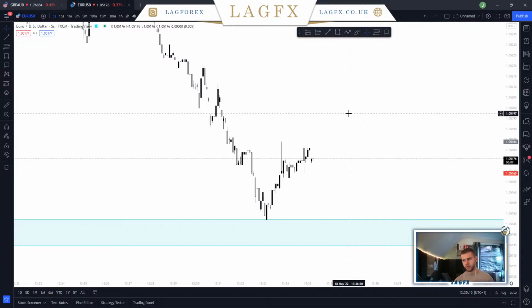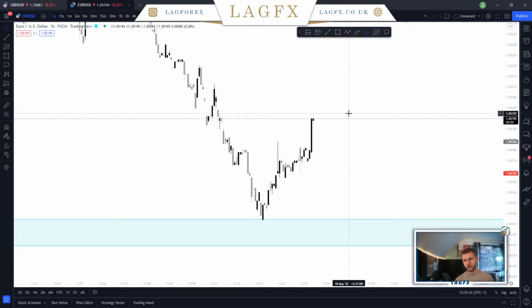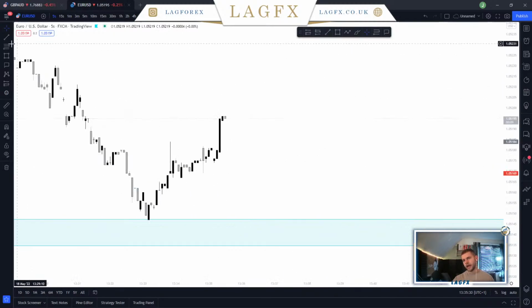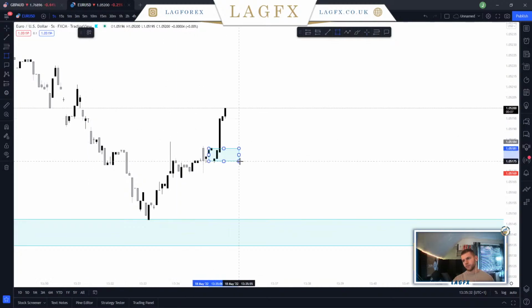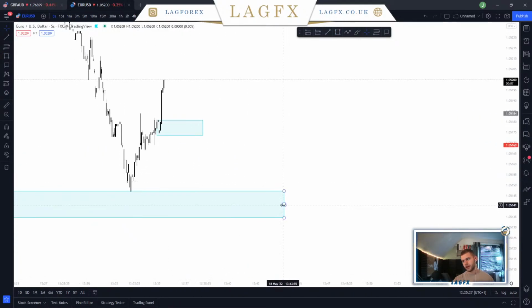Although there is no obvious or major unmitigated demand zone in that region, so we are just going to have to let price play until something more solid appears for us. Right now, I think that we do now have a region inside of this that could act as a zone.